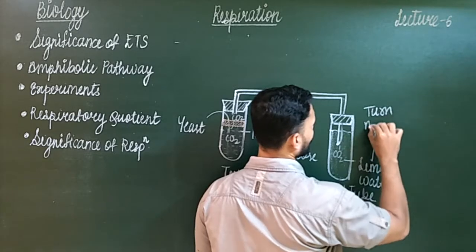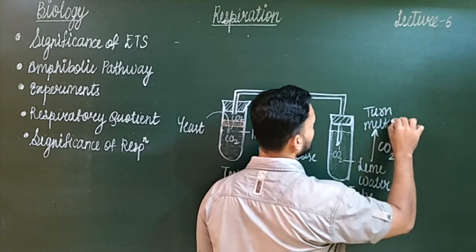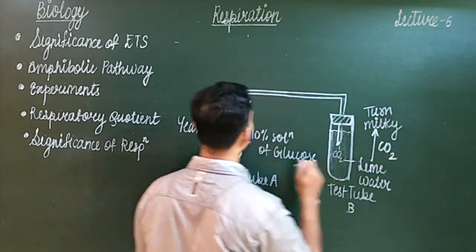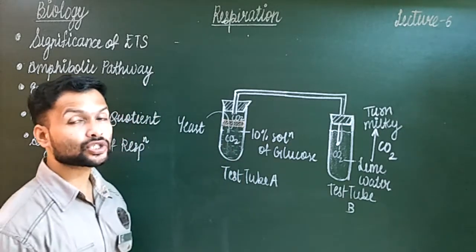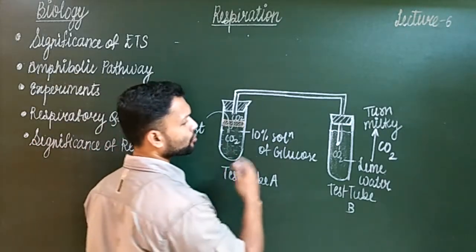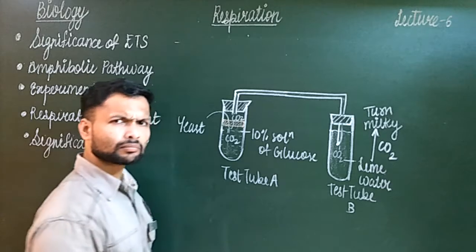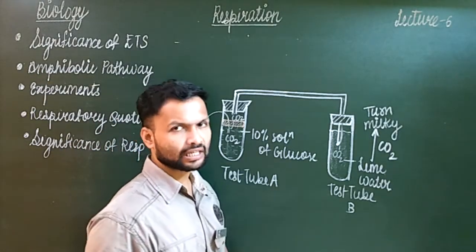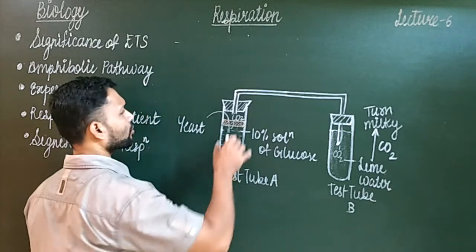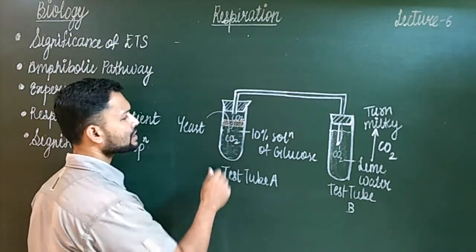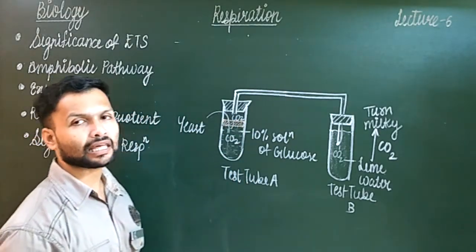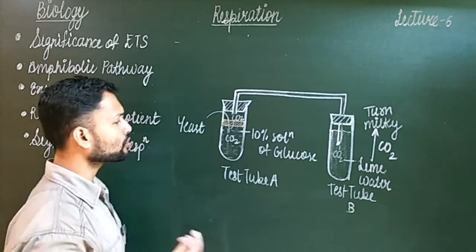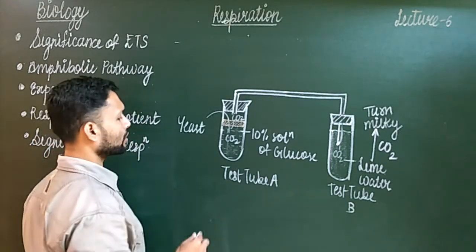So if the lime water is turning milky, this is a clear-cut indication that the yeast has released CO2, because CO2 only will turn lime water milky. Now let it be there for 2 to 3 days, okay? And later on remove this stopper and just smell it. You will smell alcohol, because that glucose will be fermented to alcohol.